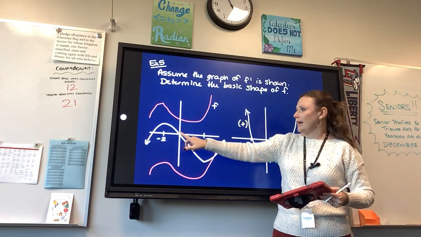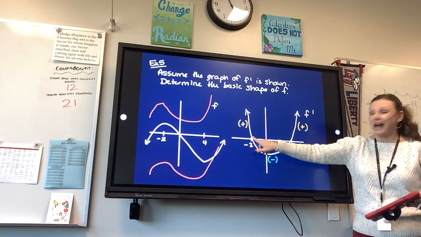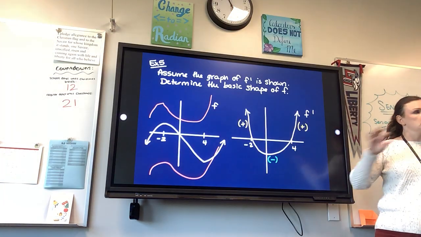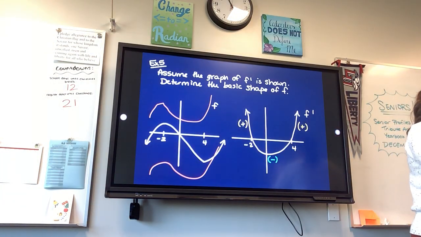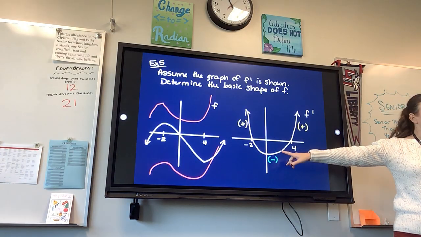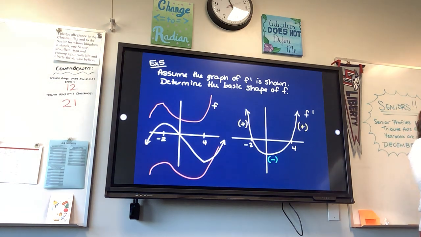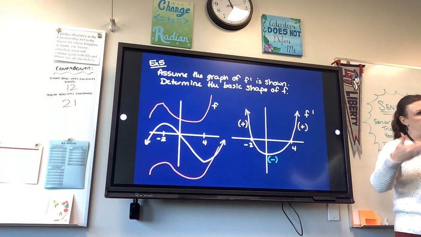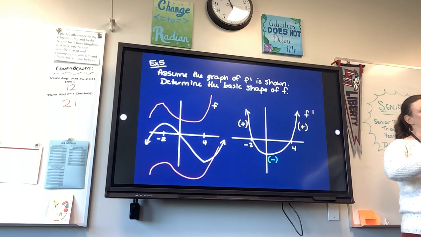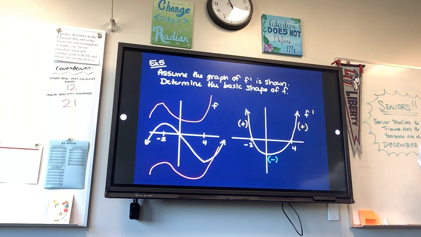This one changed sign at -2 and changed sign at 4. So it's a matter of, am I looking at changing direction or changing sign? But those are the values that we care about: -2 and 4 on this one. And on the last one, it was the 1 that we cared about because we were looking at increasing, decreasing. This one, we're looking at positive, negative. So we're looking at where does it make that change, which is the zeros.